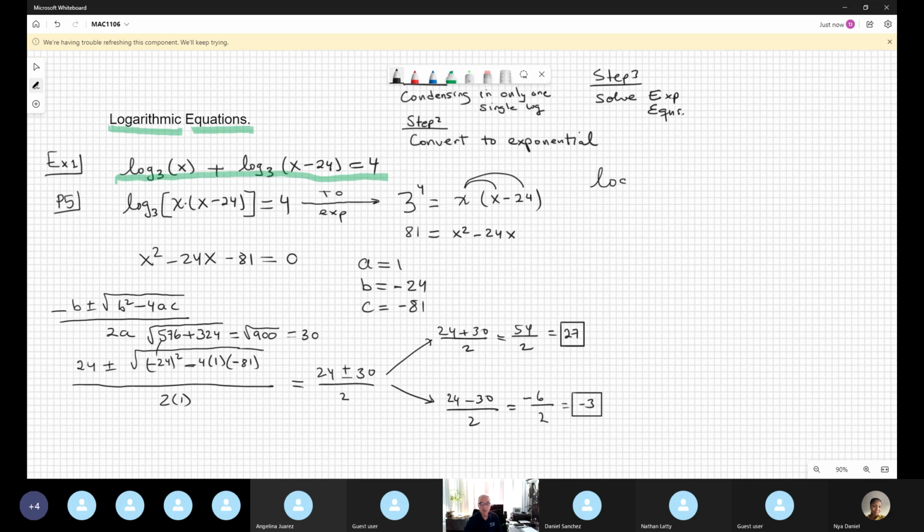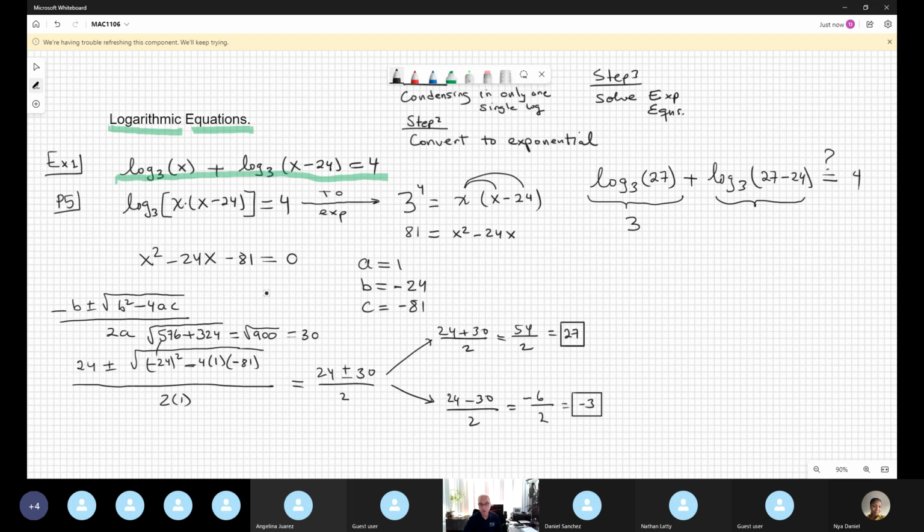Logarithm base 3 of 27 plus logarithm base 3 of 27 minus 24 should be, we claim, 4. Well, it's easy because you can use intuition or you can use the change of base formula in the calculator, but this is obviously 3, no?